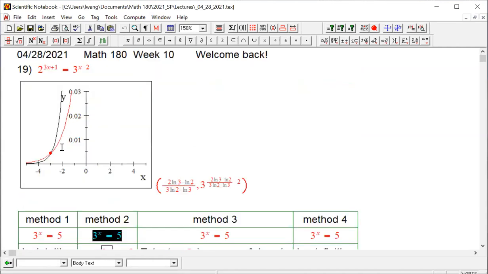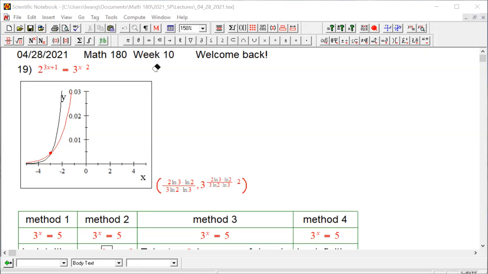So what I did is that I graphed these two curves, okay? These can be easily graphed using your calculator, so I'm not going to go into the details. Hold on, I should be using a different color if I can help it.